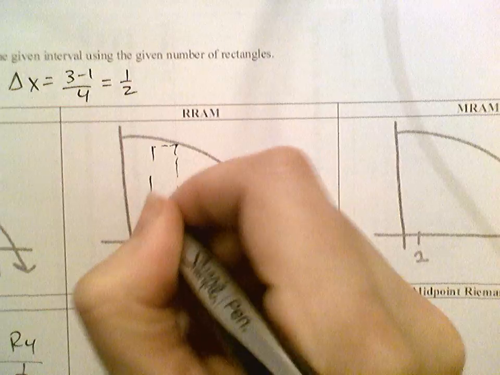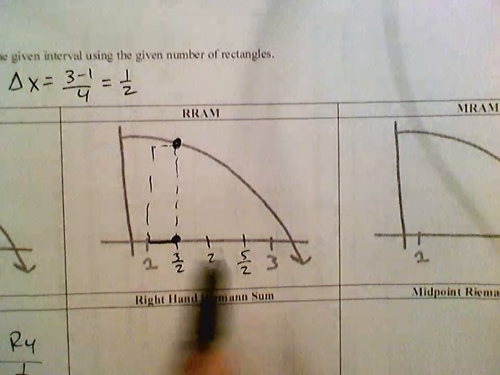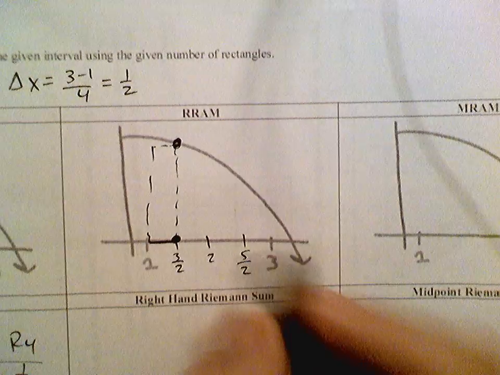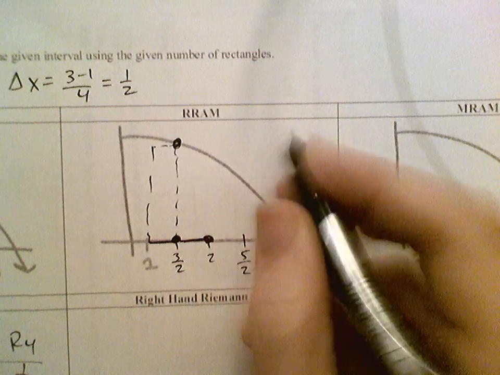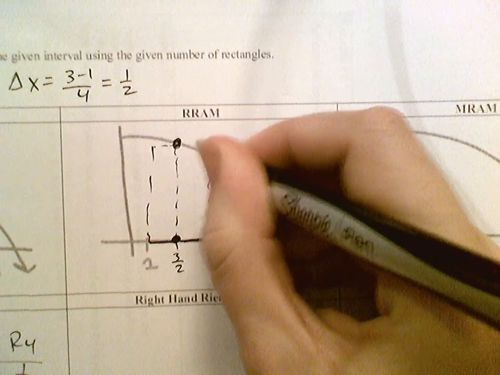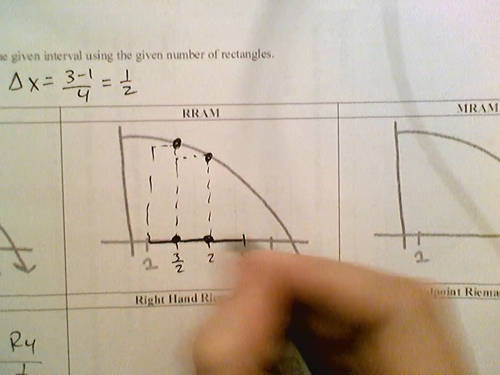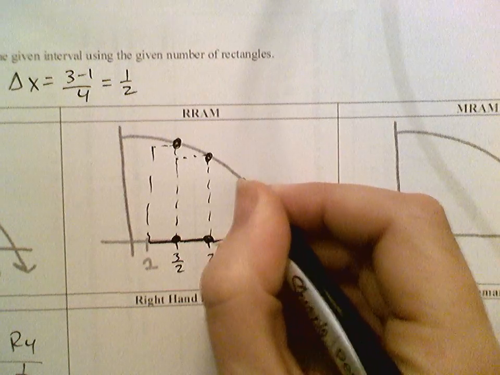So there's our first rectangle. Same thing as before, but you think about the base and then you go to the right endpoint of it. There's the base, go to the right, up to the graph. There's the third base, go to the right, up to the graph.